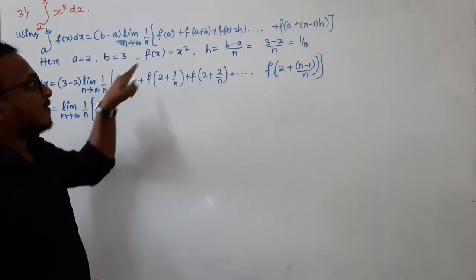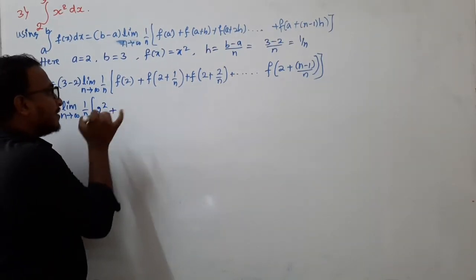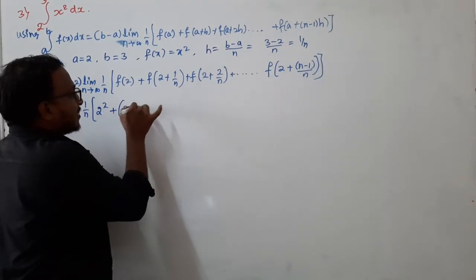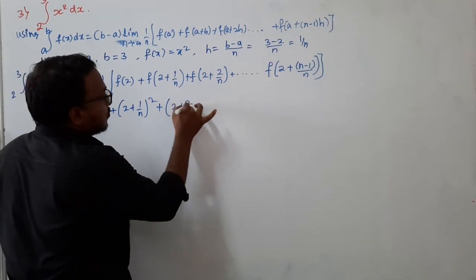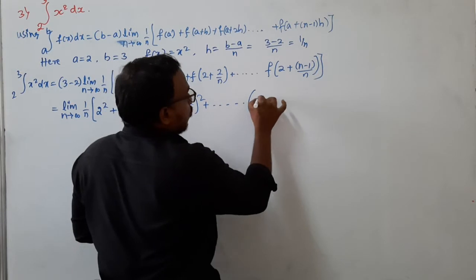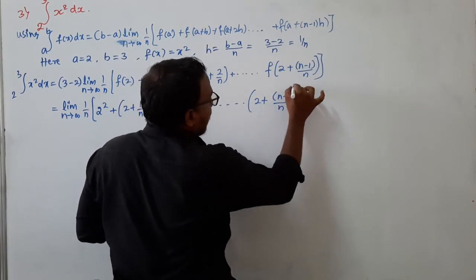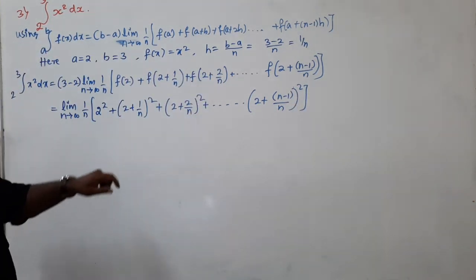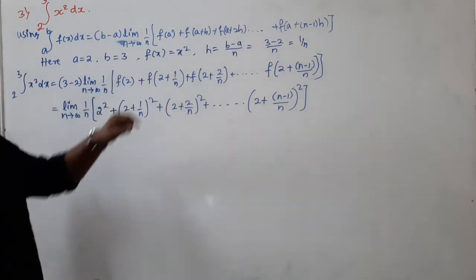Substitute this x value here, it will become 2 square plus, then this function is (2 plus 1 by n) whole square plus (2 plus 2 by n) whole square, and so on up to (2 plus (n minus 1) divided by n) whole square. Okay, here we have substituted the x value in the bracket value of this x square.